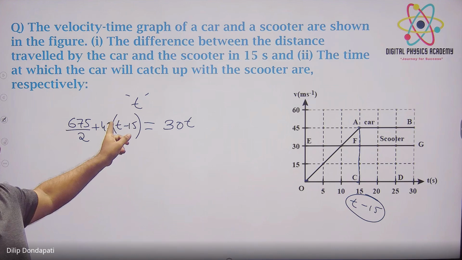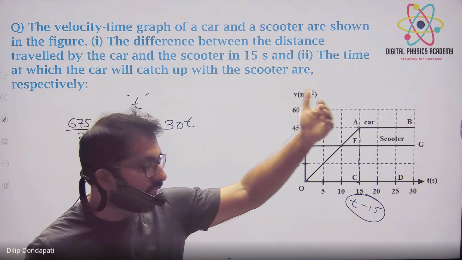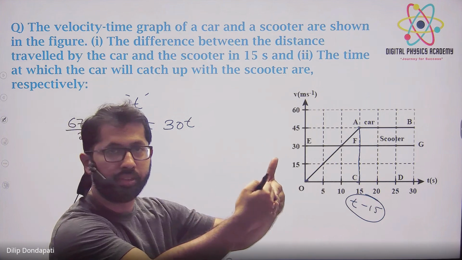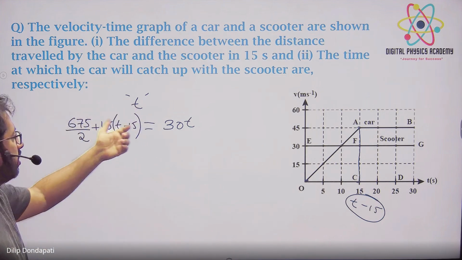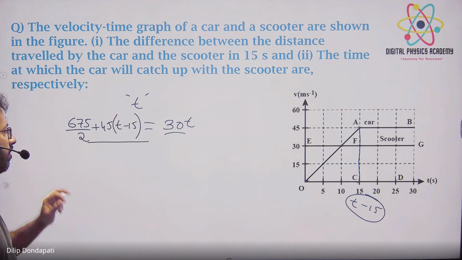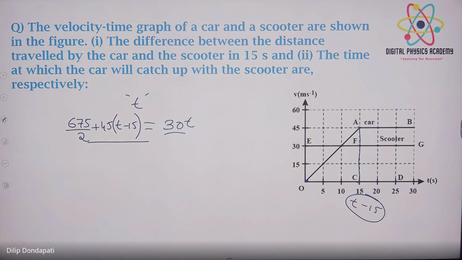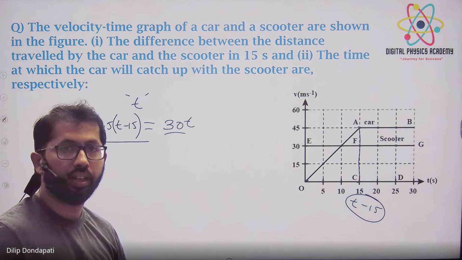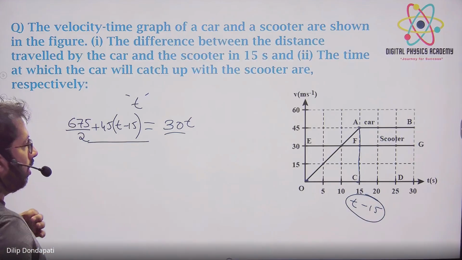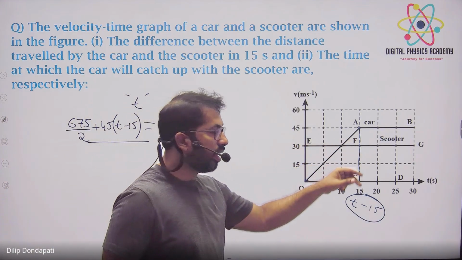Did you understand? See, originally from the initial point, after time t they both came to the same distance. So I'm equating the same distances: this distance equals this distance. Equate and find the time. Very important. For the scooter, how did you get 30t?